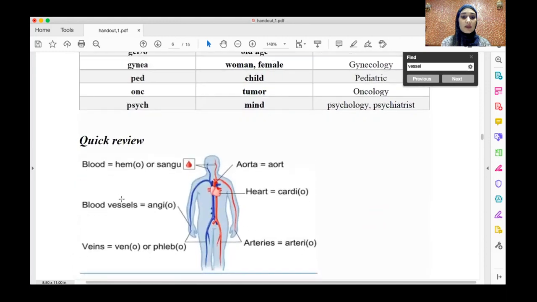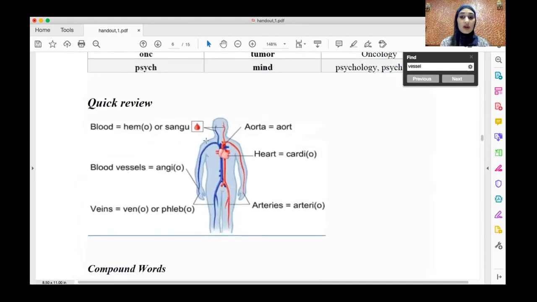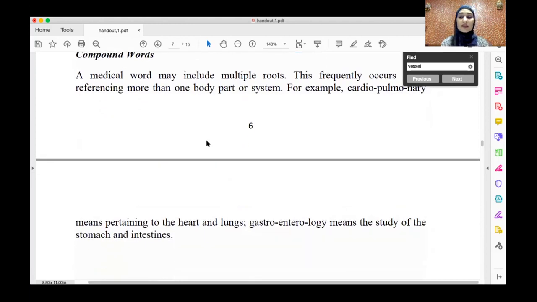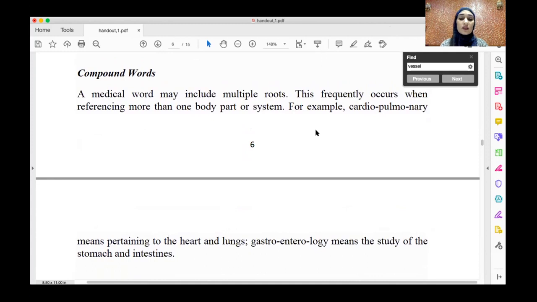Here we have a quick picture of some of the roots. You can use it in memorizing the roots. All right, sometimes we have words that consist of more than one root, like, for example, cardiopulmonary, which means pertaining to the cardio, the heart, and pulmo, which refers to the lungs.